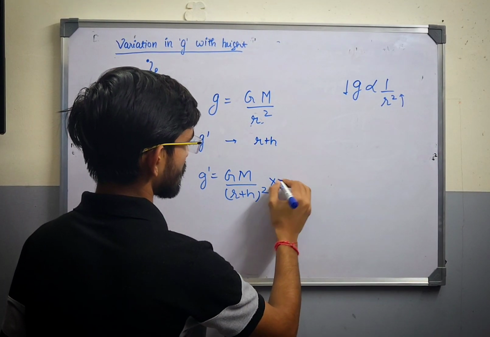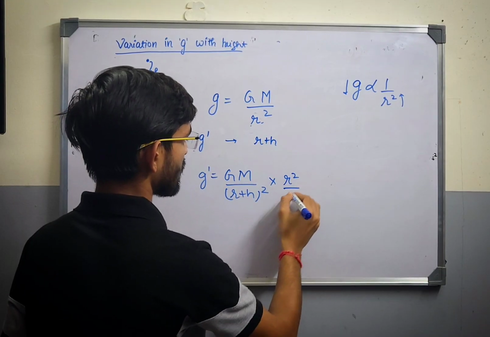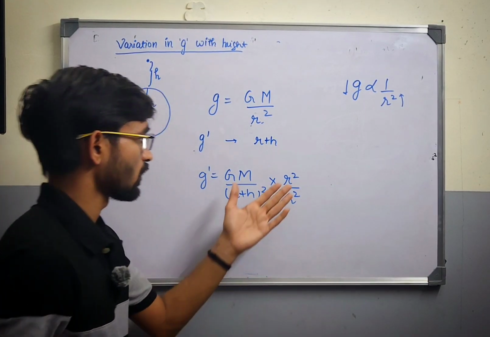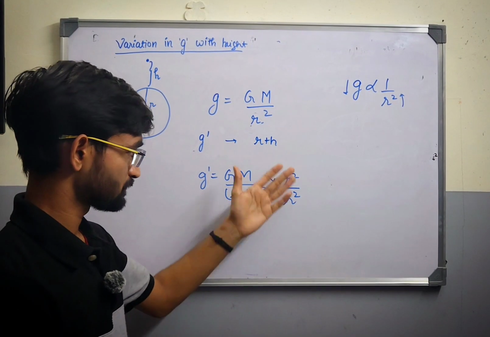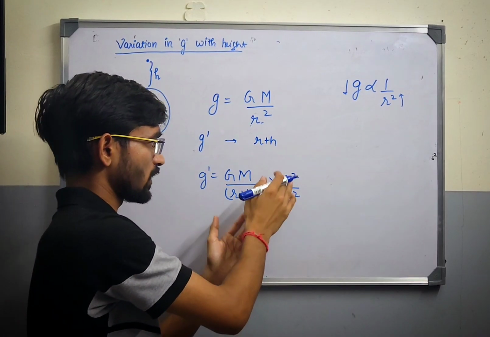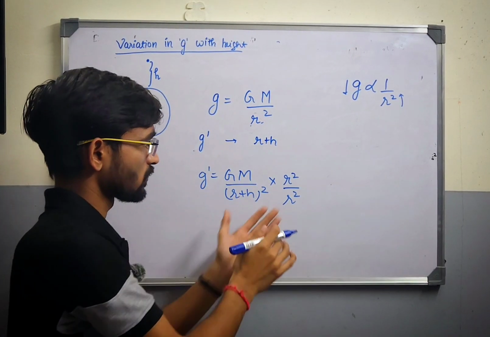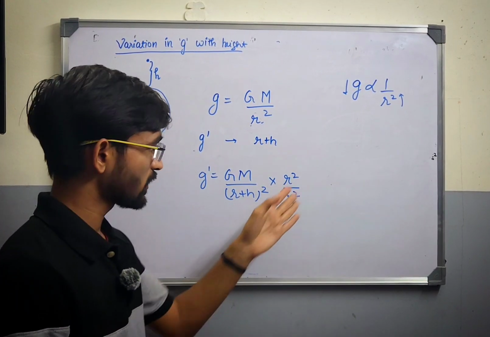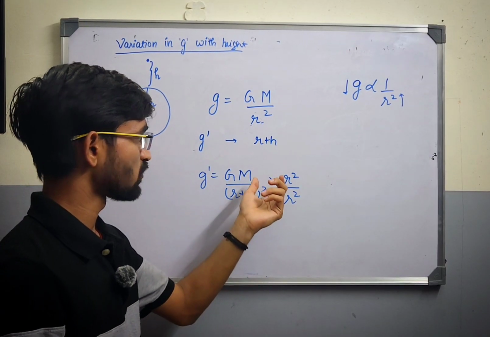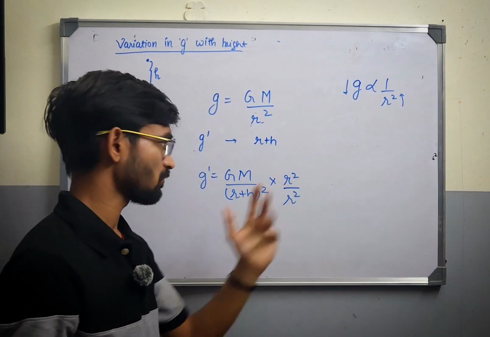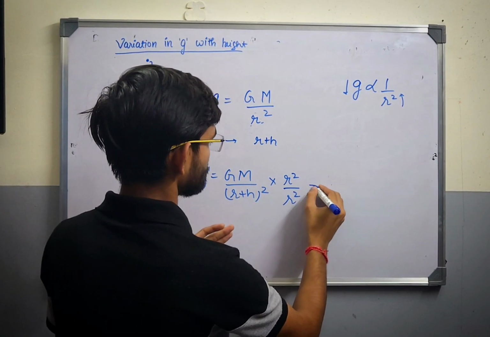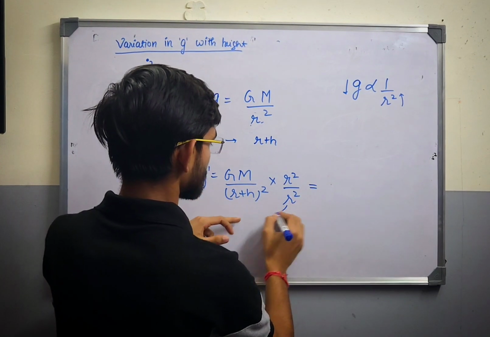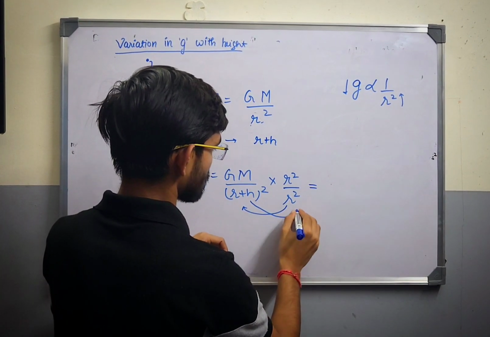Now suppose I am multiplying and dividing with r square in the denominator and numerator. This will not make any difference in this equation, because r square upon r square is 1, and if you multiply any number with 1, the number will remain the same. Now take this r square this side and this r plus h whole square this side.